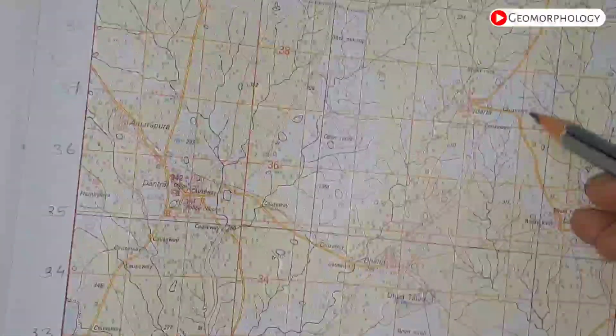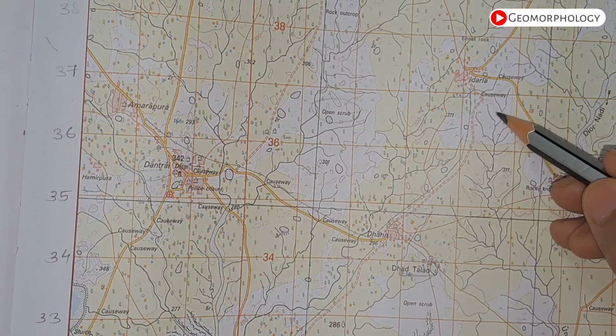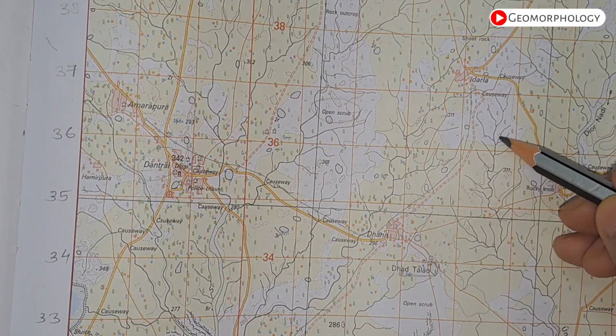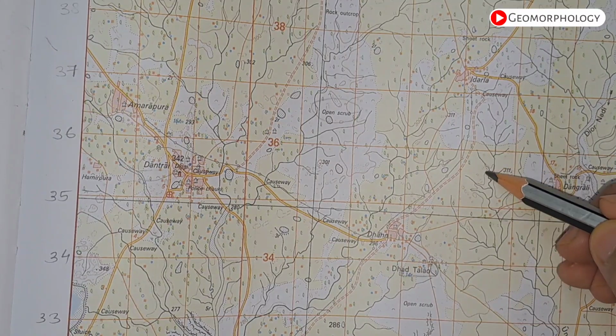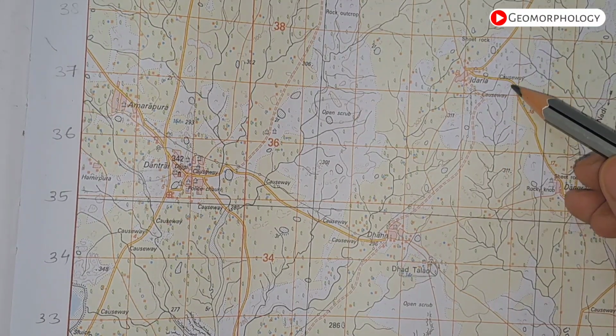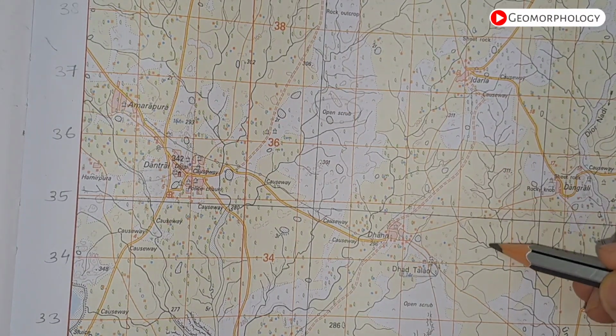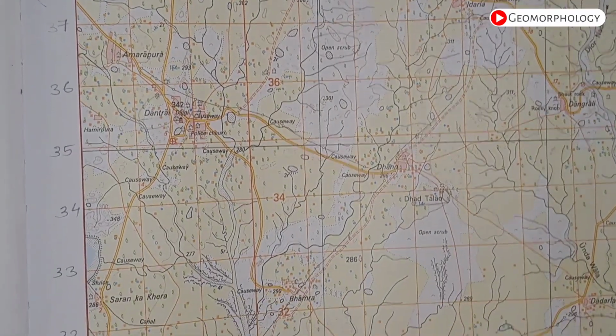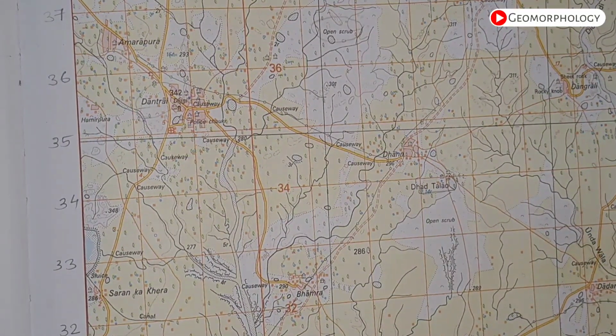Again, another one we have here. This is the main river. Tributaries are joining the large river in the form of tree branches. So this pattern is called the dendritic drainage pattern.